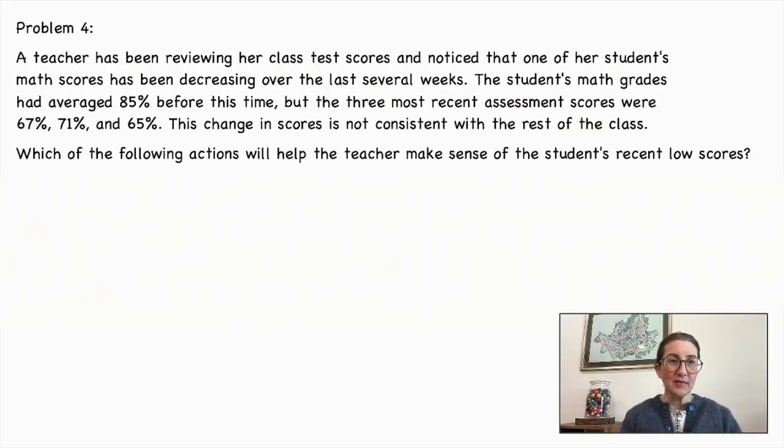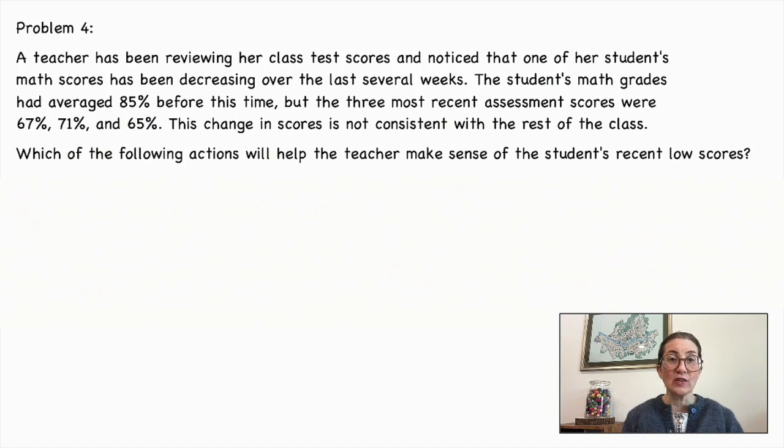Problem number 4. A teacher has been reviewing her class test scores and noticed that one of her students' math scores has been decreasing over the last several weeks. The student's math grades had averaged 85% before this time, but the 3 most recent assessment scores were 67%, 71%, and 65%.